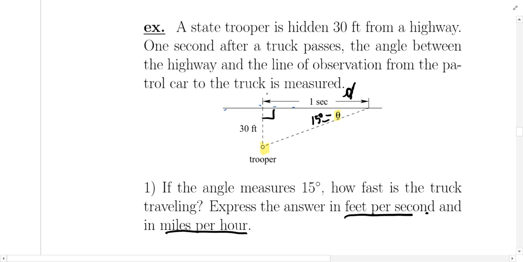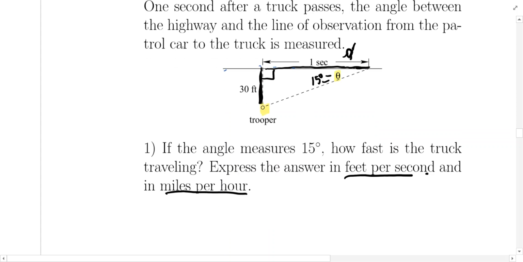So I have the side 30 feet, this side, which is d, which I'm interested to find, and then the angle 15. So I need to apply a trig function that involves opposite and adjacent, which is obviously tangent. So tangent of 15 degrees equals opposite, which is 30 feet, over d. So I can solve for d now.